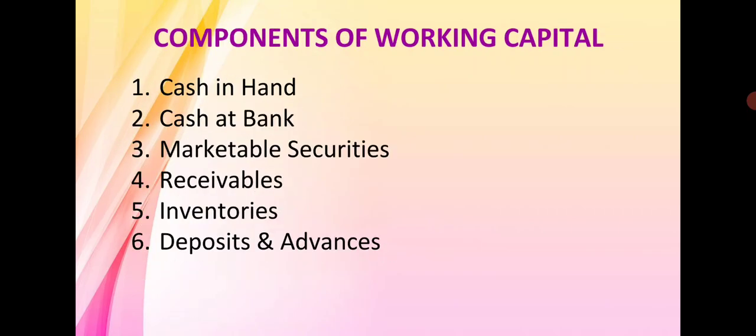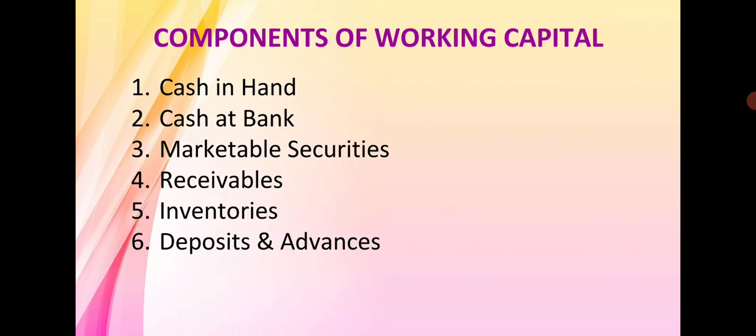And now the last point, a very easy point, that is components of working capital. These are the components from which you are going to satisfy your need of working capital.